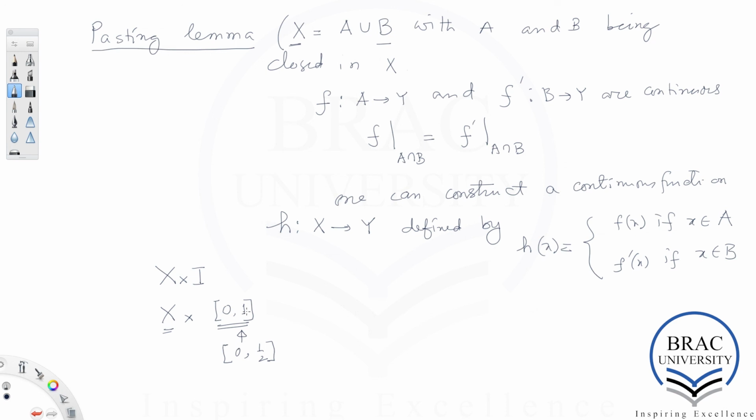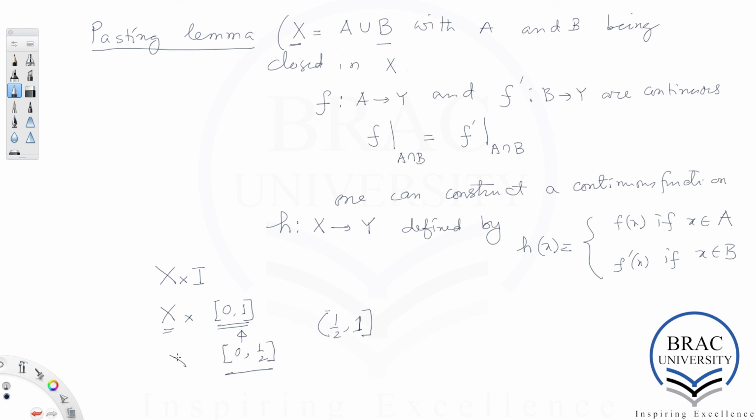You can easily say that, since 1/2, 1 is open, 0, 1/2 is closed in 0, 1. And X is both open and closed in the topological space X, so we can take X to be closed as well.